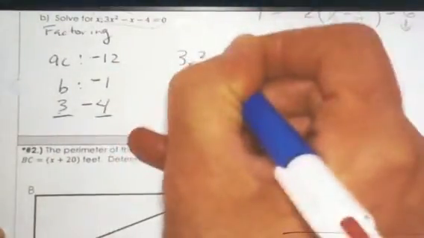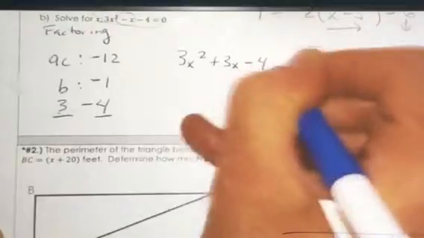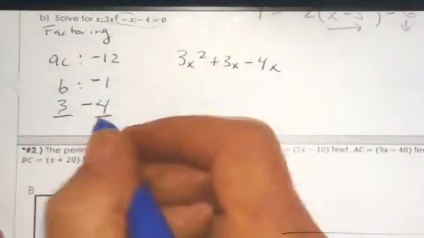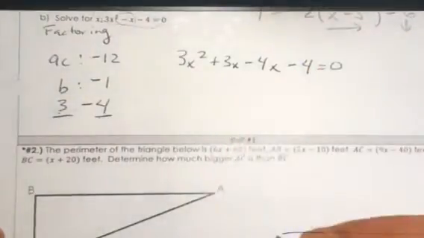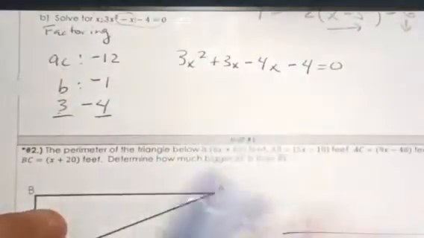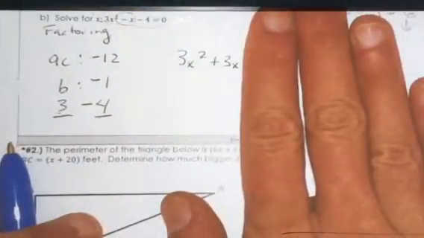So now I'm going to rewrite here 3x squared. Now I'm going to break up the b term. So it'll be plus 3x, then minus 4x from this plus 3 minus 4. And then minus 4 equals 0. Now we'll look only at the first 2 terms and see that we can factor out 3x.